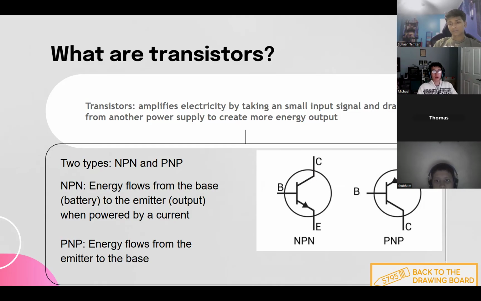Every phone, every computer, every device is just billions of these small little transistors packed together in a tiny space. ICs or more complex circuits are all built of transistors. This is, I would say, the most important component of electrical circuits, other than resistors and capacitors. It's used in almost everything, but I just want to mention that.